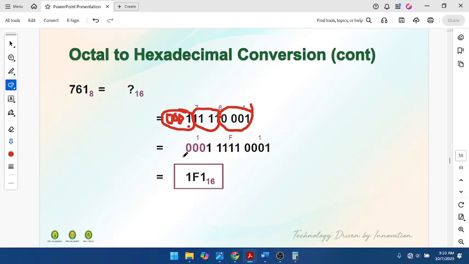So from the first group, 0, 0, 1, we have 1. Then 1, 1, 1, 1 is 15, so we have F. Then 0, 0, 1 gives 1. So we have 1F1 base 16.